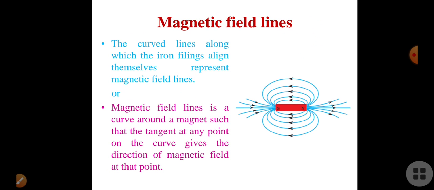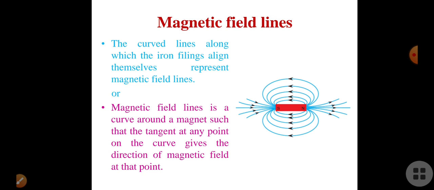Now, we can define magnetic field lines as the curved lines along which the iron filings align themselves. According to that activity 13.2, we can define these magnetic field lines like this.